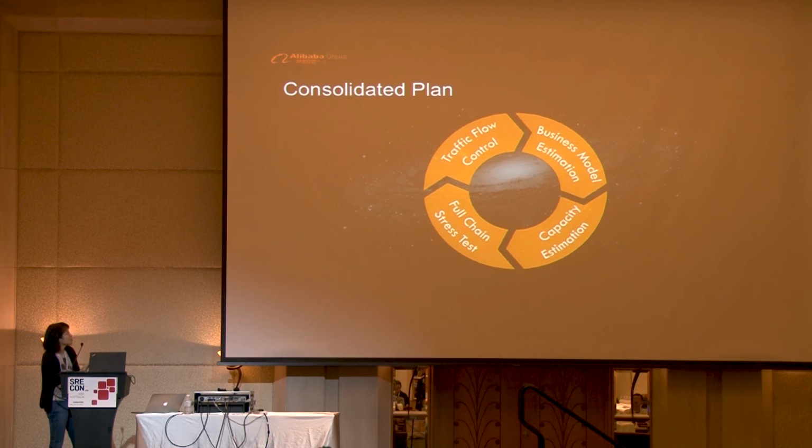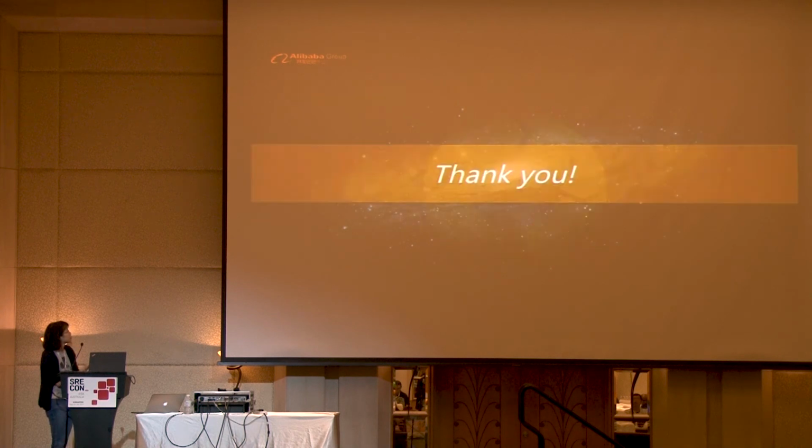With these four parts together, the business model estimation with the capacity estimation, and the full chain stress test to verify whether our capacity planning is correct and to fine-tune it. And in real production mode, we will use traffic flow control to make sure that the system works as we estimated. Thank you.